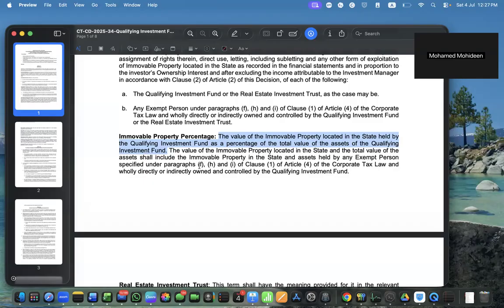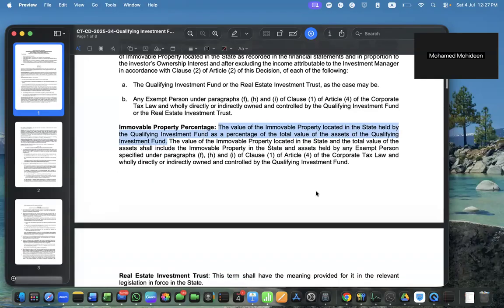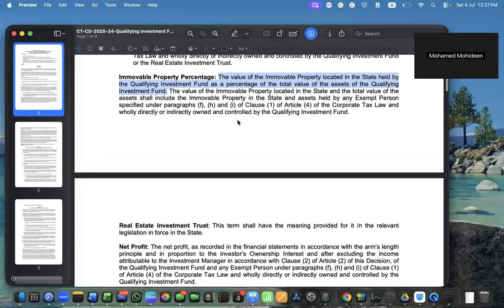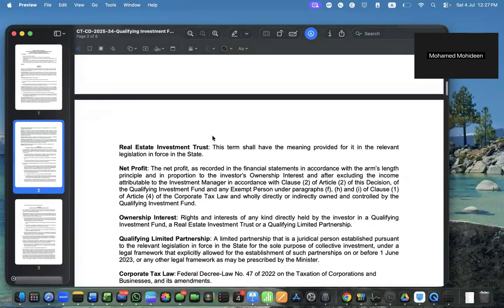In this investment fund and its subsidiaries, whatever assets are held will be considered for the purposes of this article. And wholly directly owned subsidiaries have also been addressed here. So in short, what we discussed was a percentage of the overall assets portfolio of the qualifying investment fund. That is the immovable property percentage.